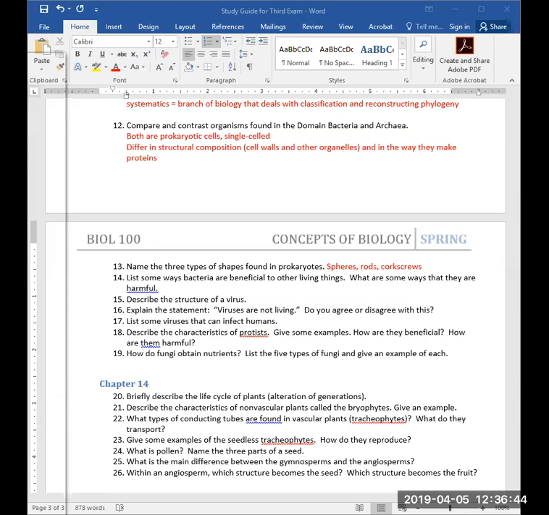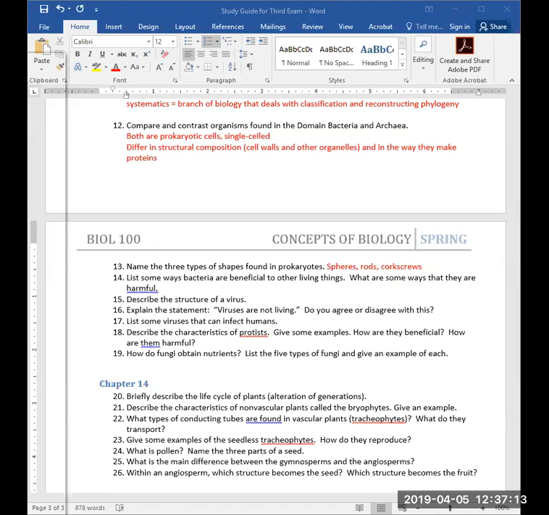All right. Some viruses that infect humans: HIV, human immunodeficiency virus. Herpes is a virus. Okay. There's a virus that causes cervical cancer. That just went out of my mind.